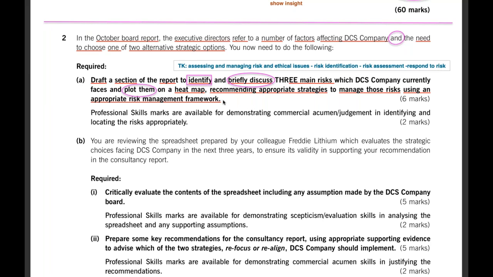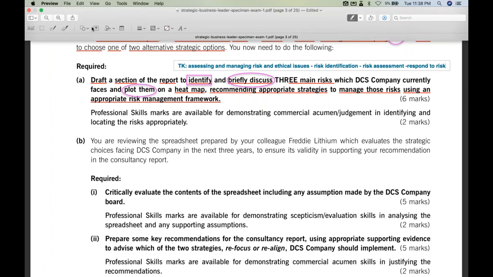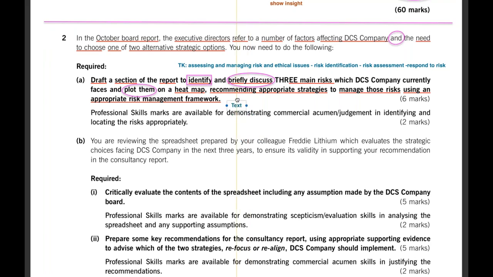As for the possible risk management framework you can use to manage those risks, you may think of FARA to help you answer this question.